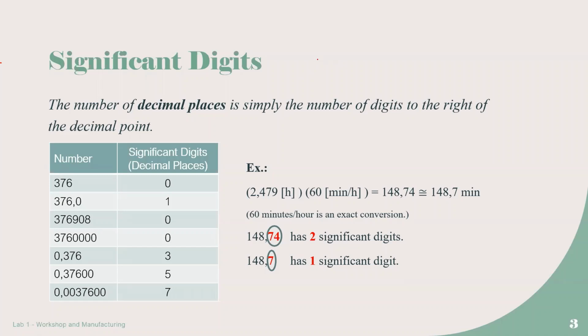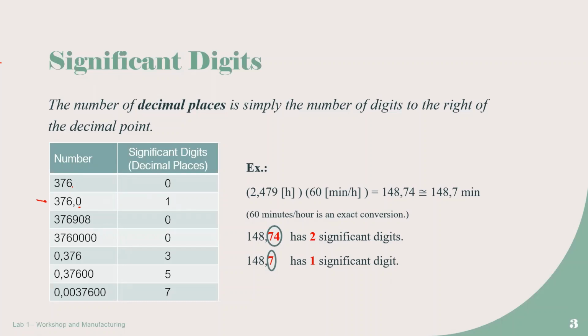Basically, significant digits is the number of digits to the right of the decimal point. That is to say, you see these are the numbers. After the comma, I have 1 digit, so the number of significant digits is 1.